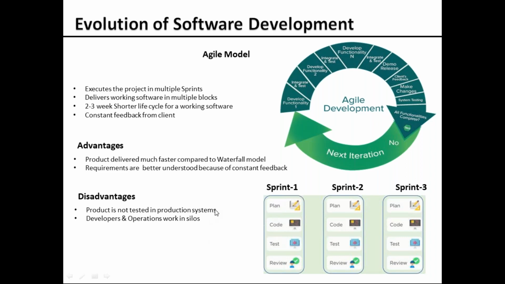So this is one disadvantage, and the other main disadvantage is the developers. This is basically for product development, but there is a team which also puts effort after the product is developed and deployed, isn't it?